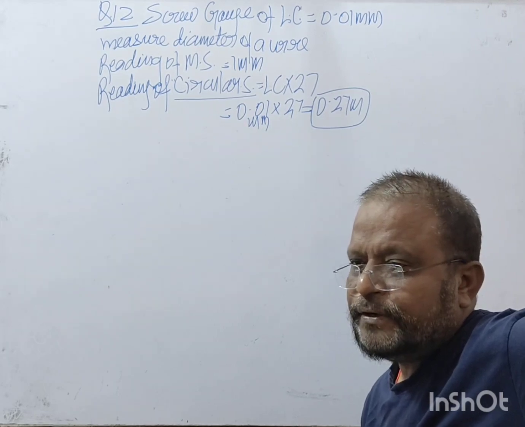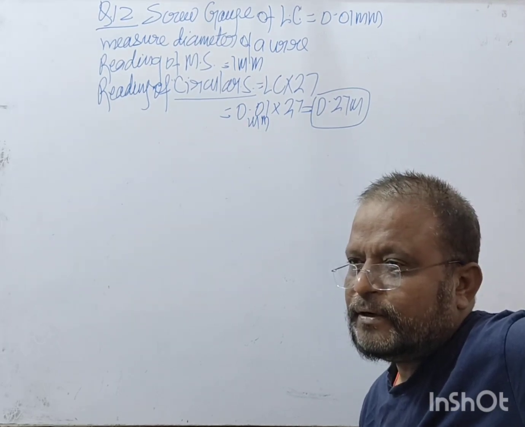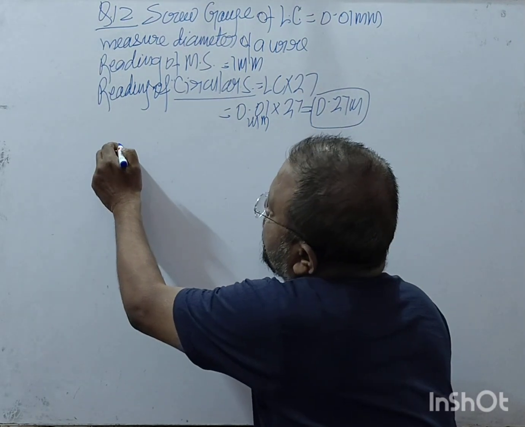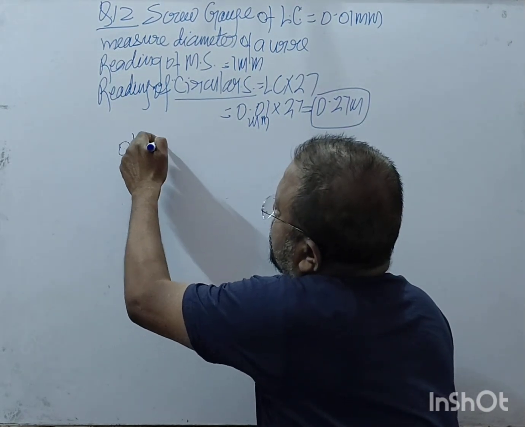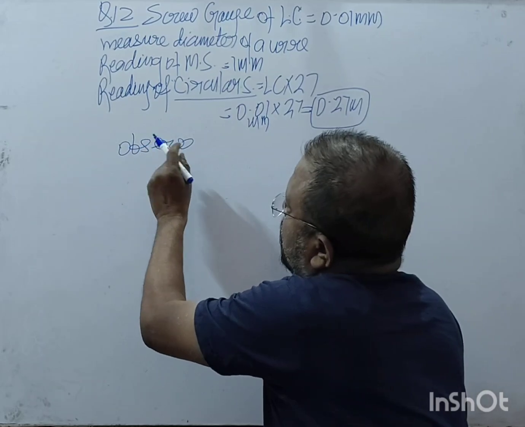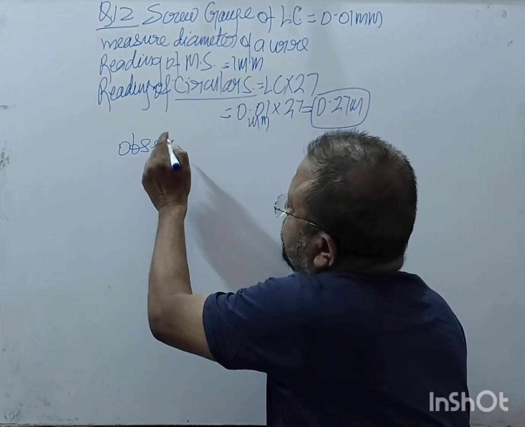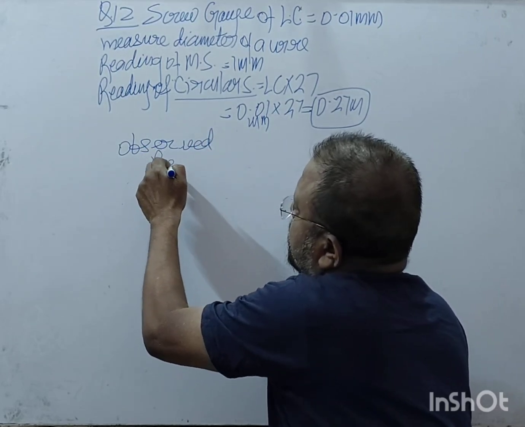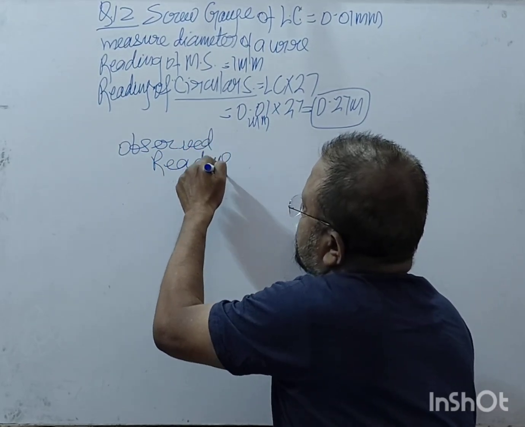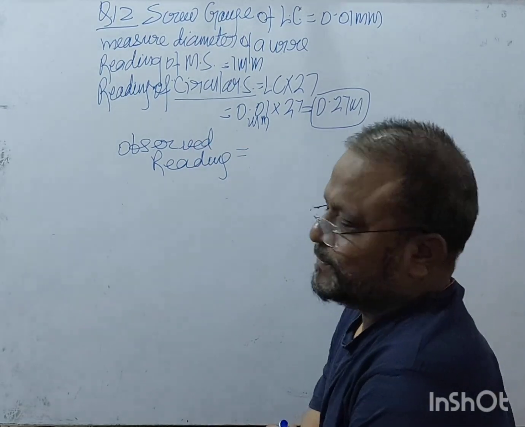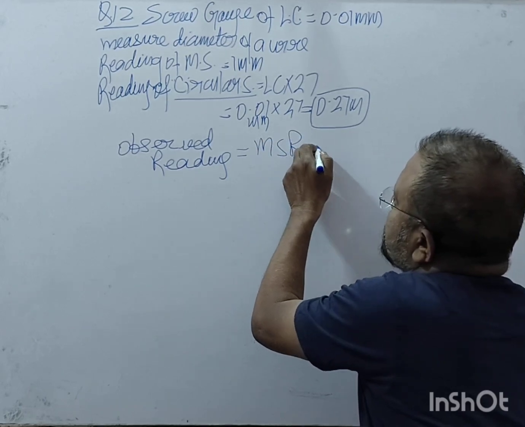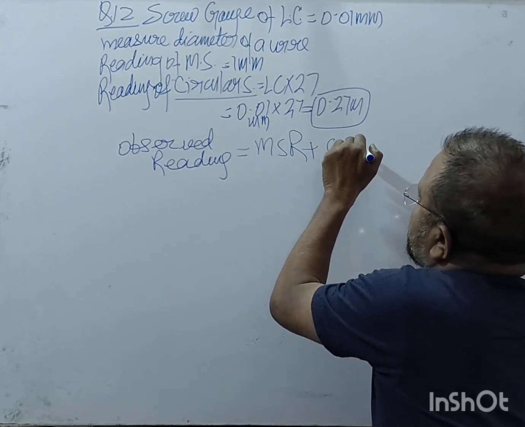Zero error is also given. If the zero error is plus 0.005 centimeter, what is its correct diameter? So the observed reading is equal to main scale reading plus circular scale reading.